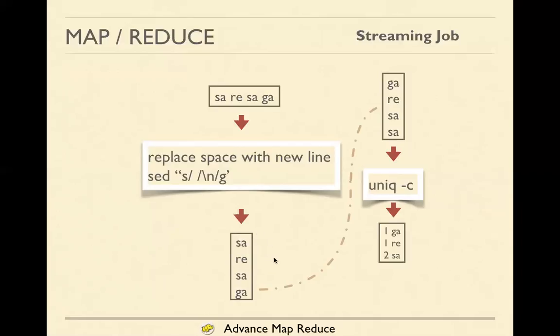Correct? And then Hadoop will order this data, and the output of this will go to uniq -c, that is our second command, and we will get the word count in the output.